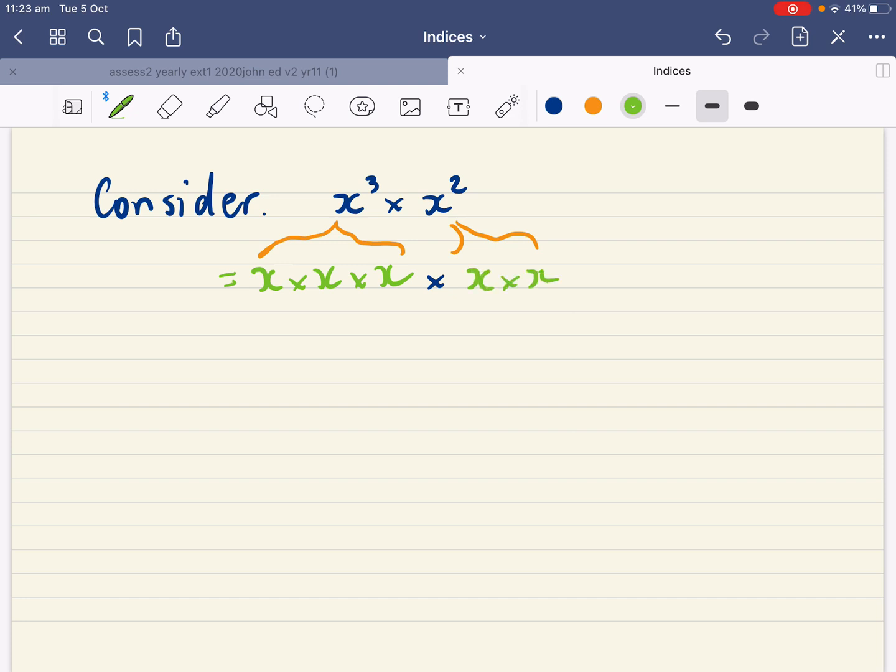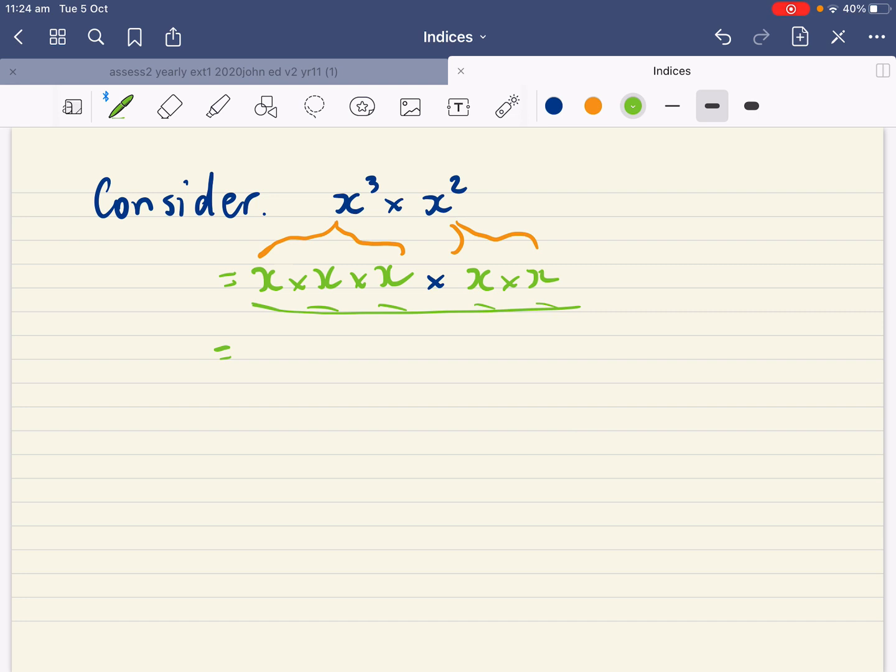So I've written them out in expanded notation: x times x times x, and that's been multiplied by x squared, which is x times x. So I've used expanded notation to get this, and now I'm going to use index notation. If you have x times x times x times x times x, there's 5 of them in total. How would we write this in index notation?